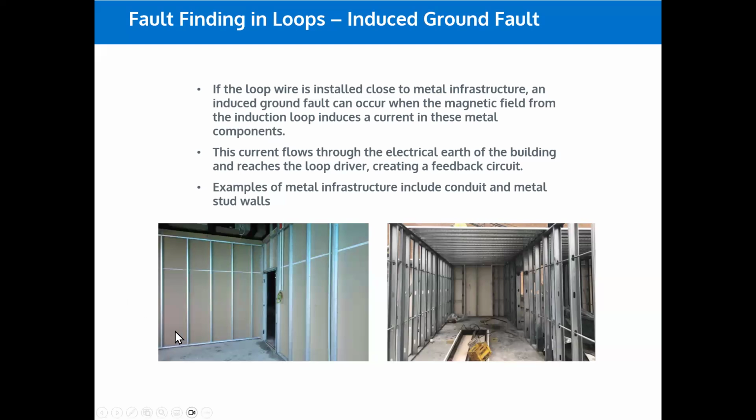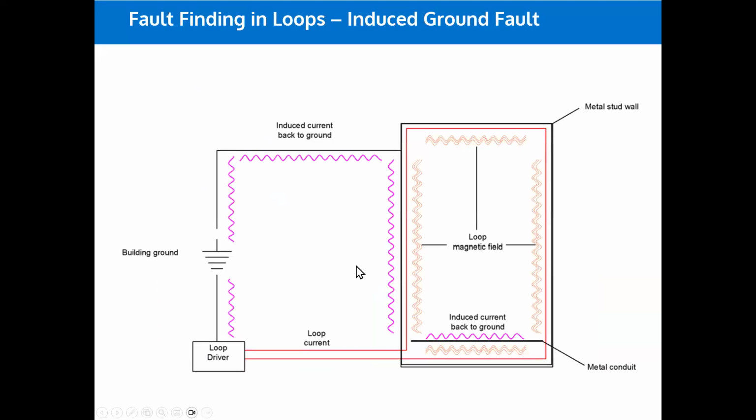This is a diagram that will hopefully explain this a bit better. Here you've got your loop driver with the loop current going around your loop. These orange wavy lines are the magnetic field being produced by the loop. Here we've got the metal clad stud wall, and you can see it's surrounding the whole loop area.